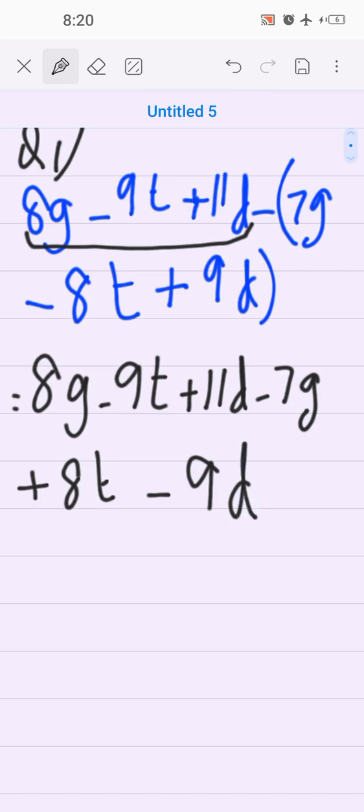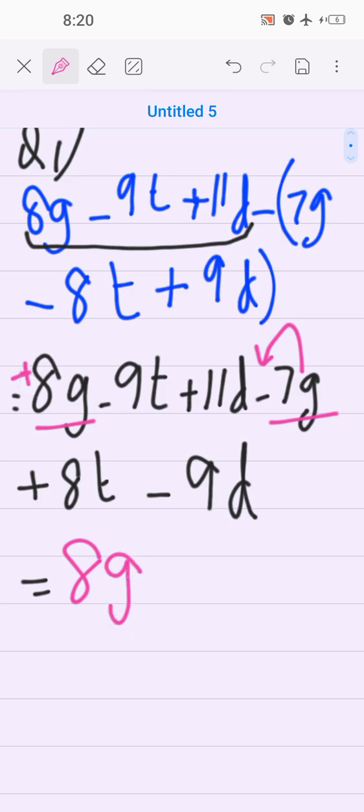All right, now that we have changed the signs, we collect the like terms. 8g and 7g: take the left side sign, do not take the right one, please. The one on the left over here is plus, so it's plus 8g. When there is no sign, there is a plus sign.